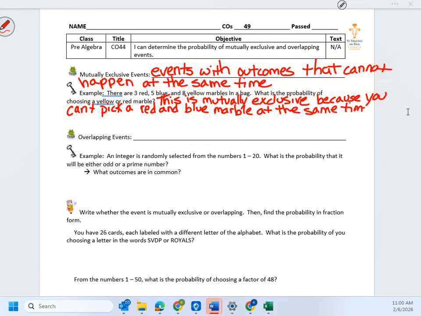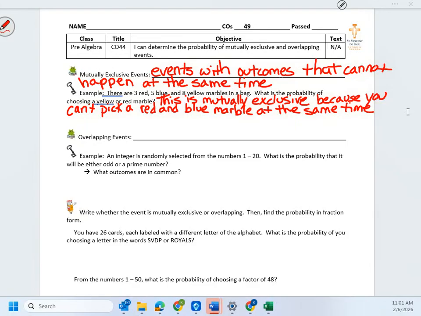There is no overlapping. You pick a red marble, you don't have to worry about it overlapping with a different color. Okay, a red marble's a red marble's a red marble. It's not yellow, it's not blue. There's no overlap.